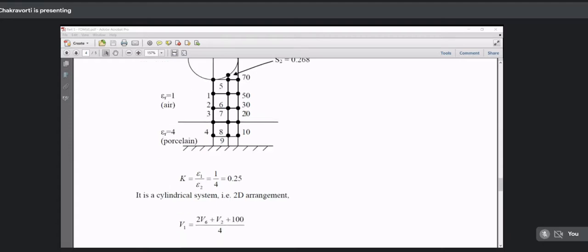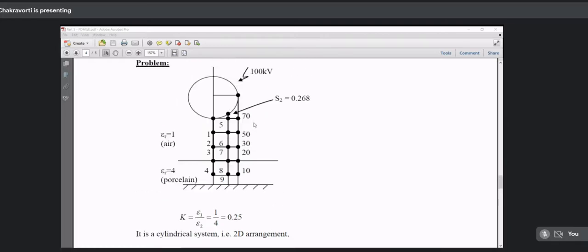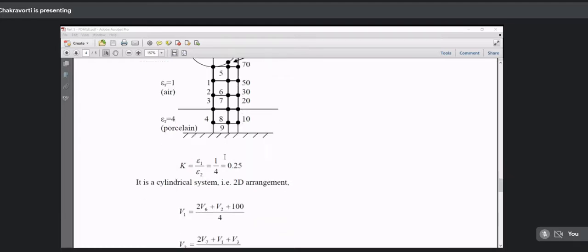Now for V1, I can use the equation for equal nodal distance for a two-dimensional system. And this is a two-dimensional system, so there is half symmetry. That means the right-hand side is equal to the left-hand side. So for node 1, I can assume that there is another node on the left-hand side which will be equal to V6. So that's what is written here: V1 is 2V6 plus V2 plus 100 by 4.